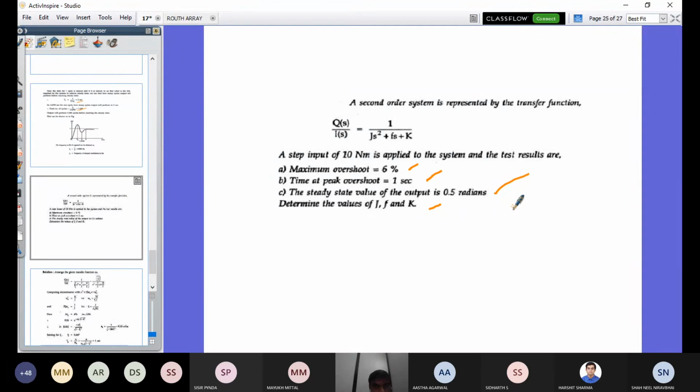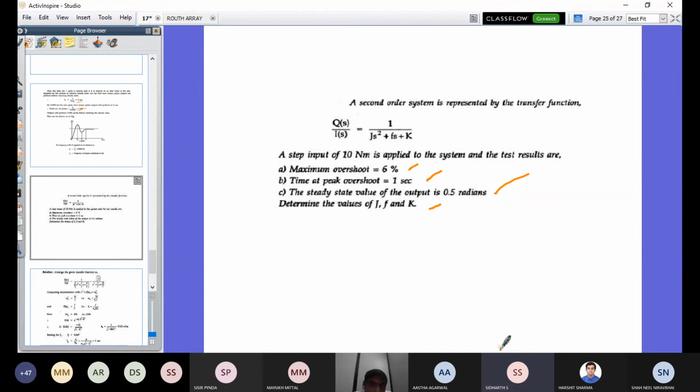How to do this problem? Can anyone tell me the procedure? So we'll find omega n and zeta in terms of j, f and k. Then we have the values of different parameters, we'll substitute. Directly we can get the value of omega n here. No, sir, it will be in variable form.